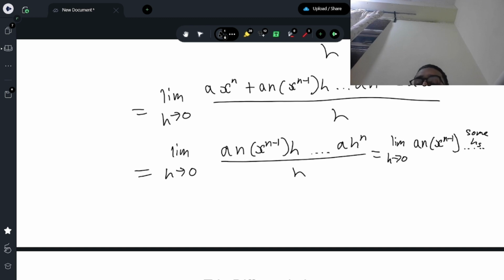However, now, because we're not dividing by 0 anymore, we can just plug h directly into them. And because they all have some h's in them and it's all multiplying, they're all going to turn to 0.